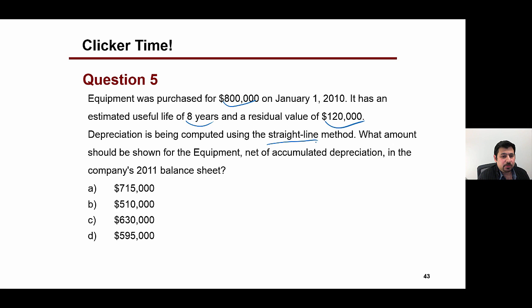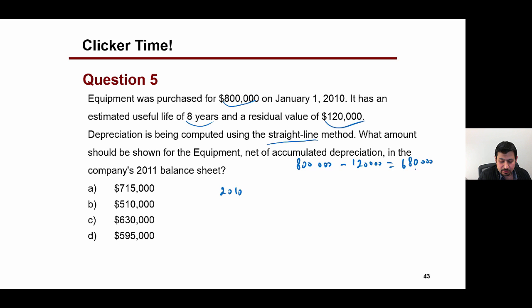So the amount that will be shown for the equipment net of accumulated depreciation at the end of 2011 is the book value of that asset account, so of equipment. Here, first we need to calculate the depreciation expense for every year. For 2010, first of all, the depreciable cost is 800,000 minus 120,000 salvage value, which is equal to 680,000.